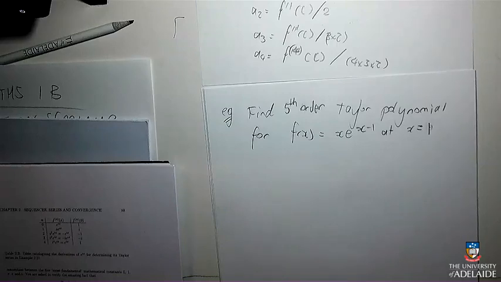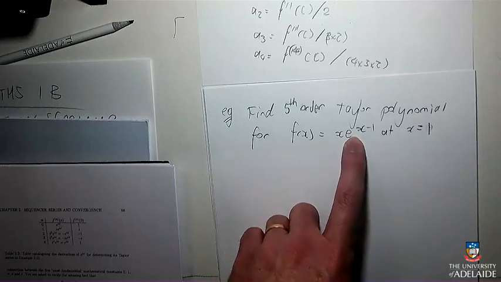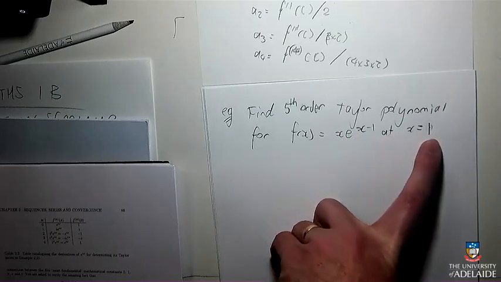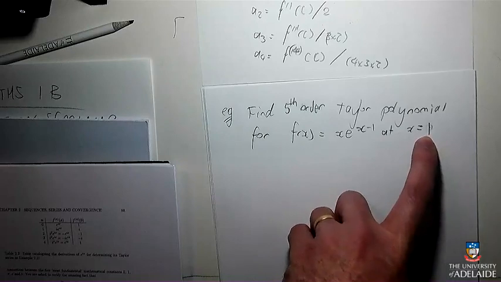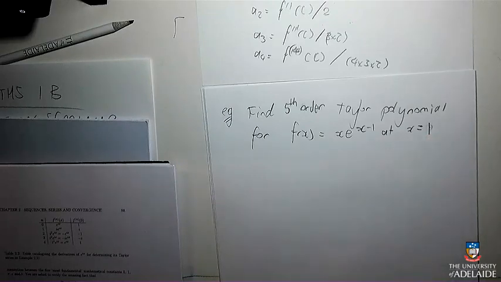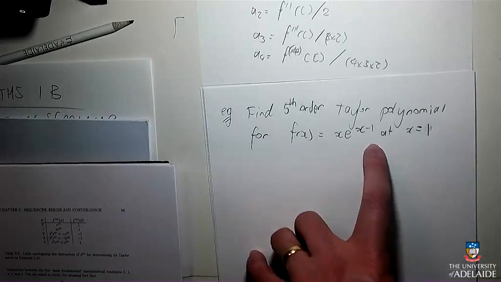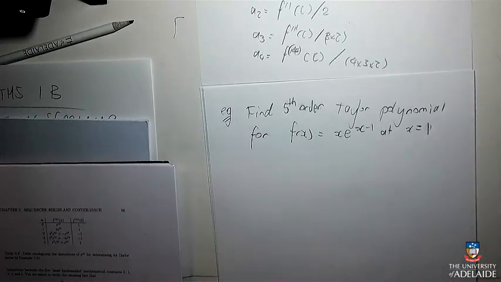Okay. So this is what we're going to do. We're going to find this. So we have a function. When I say at x equals 1, this is the c that's being referred to. They don't always call it c. It's the grammar that tells you that it's the c. It is the location. There is going to be some phrase here that tells you that you're doing it at a place.